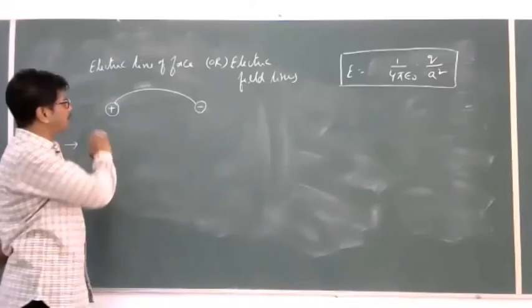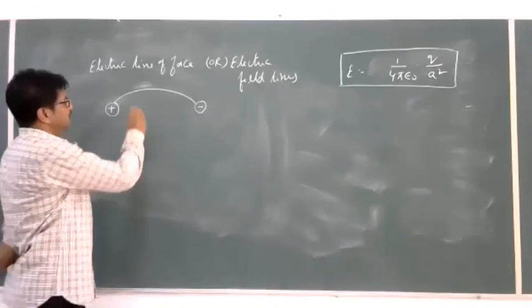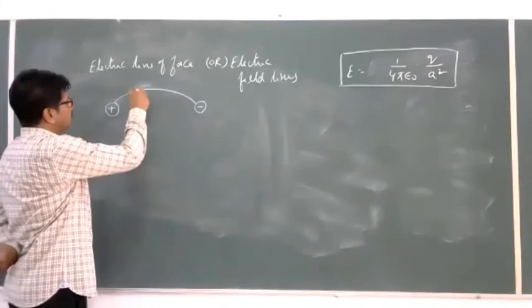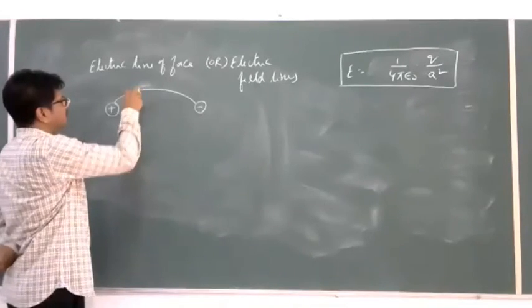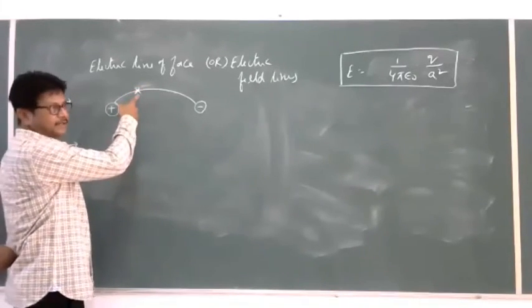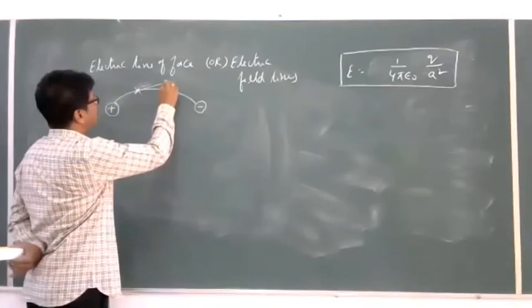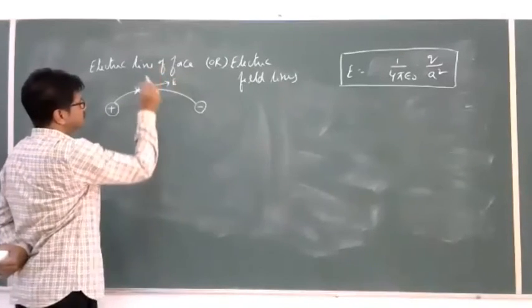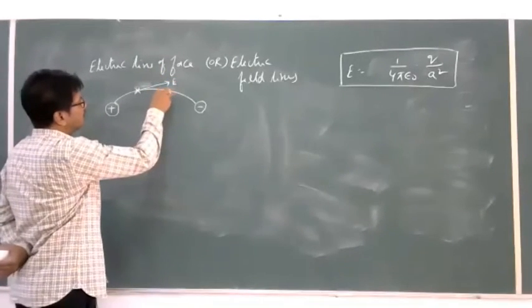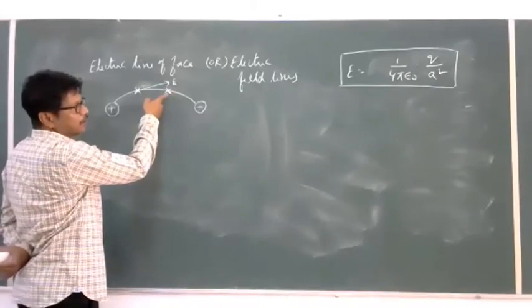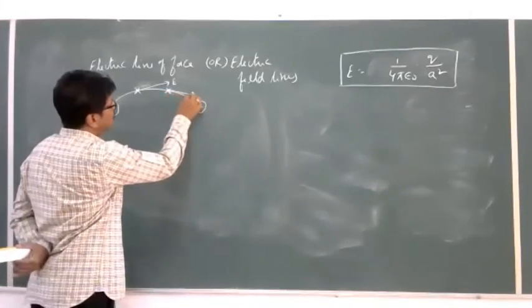We'll take the help of one tangent. Here also, if I want to get the direction of electric field at this particular point, we'll draw one tangent.